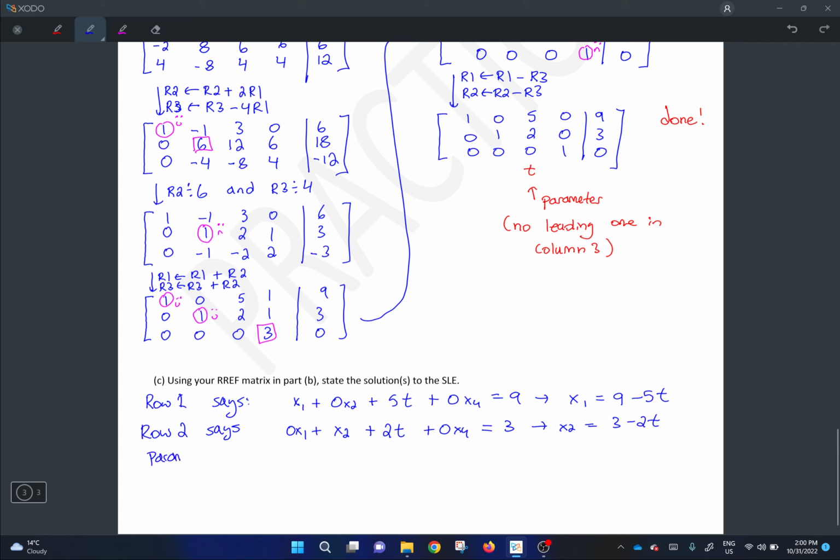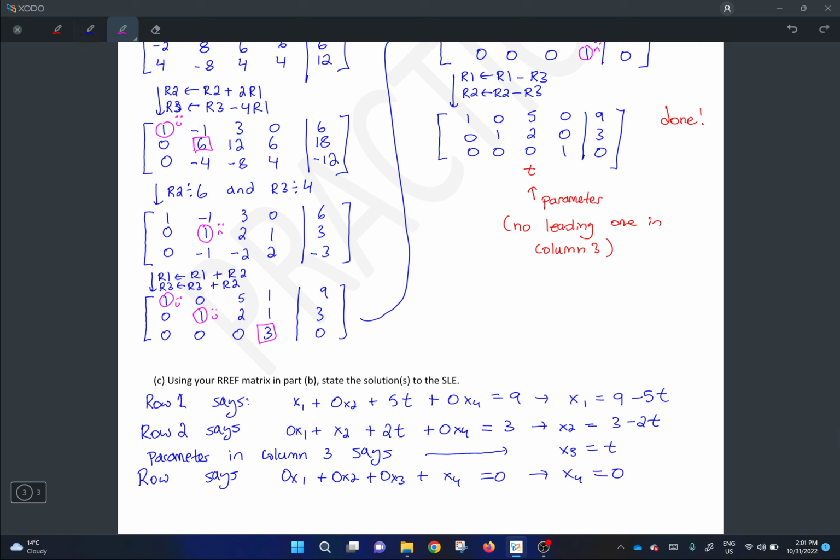Parameter in column 3 says x3 equals t, and then row 3 says 0x1 plus 0x2 plus 0x3 plus x4 is equal to 0. So that means x4 is equal to 0. So that's your solution to the system of linear equations. It's a straight line in 4 dimensions.